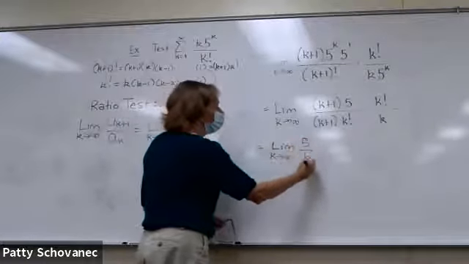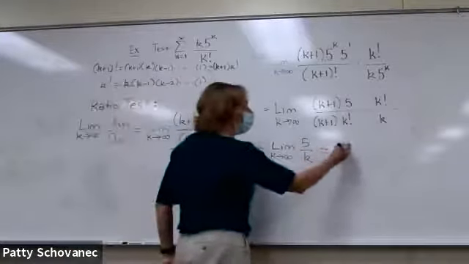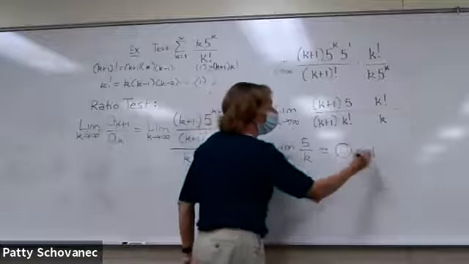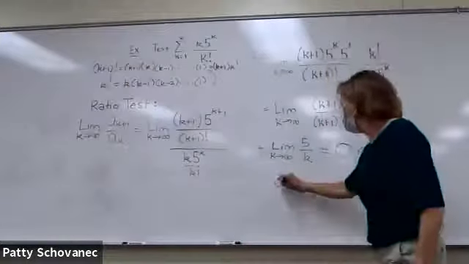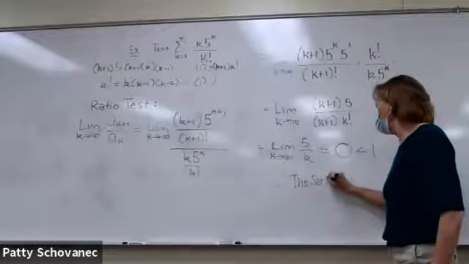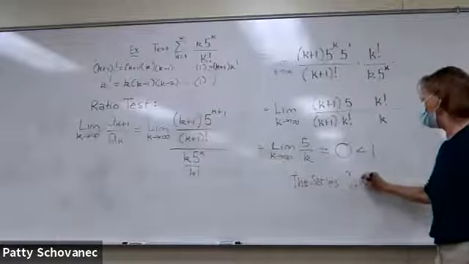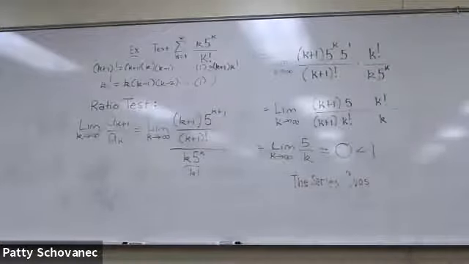What's that limit? 0. We compare it in size to 1, and it's smaller than 1. So the series converges. The series converges if you get a ratio test limit smaller than 1.